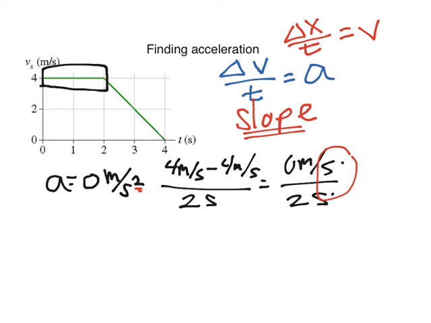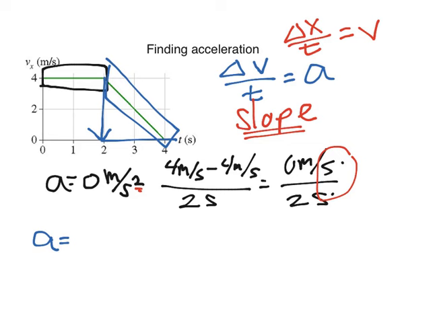So going on to the next part of our graph, this section. Our velocity is changing, so we do have an acceleration, but our velocity is getting smaller. So we actually have a negative acceleration. You can check this by finding the slope. Acceleration is rise over run, and we haven't risen, we've fallen, so it's going to be negative.